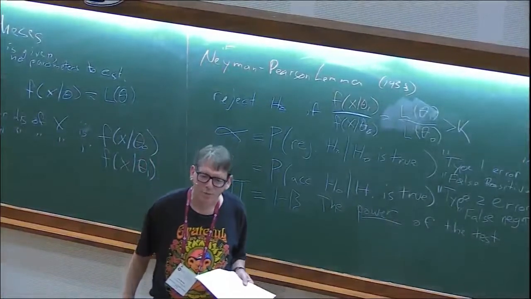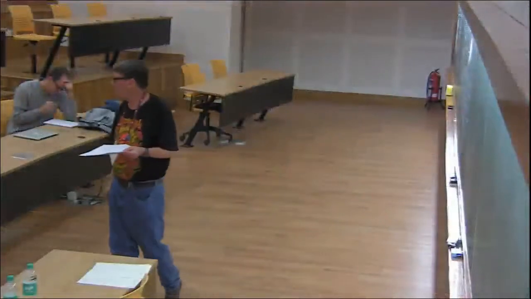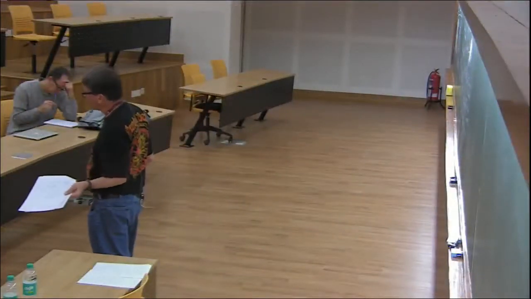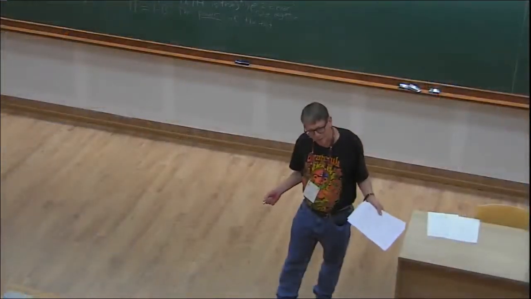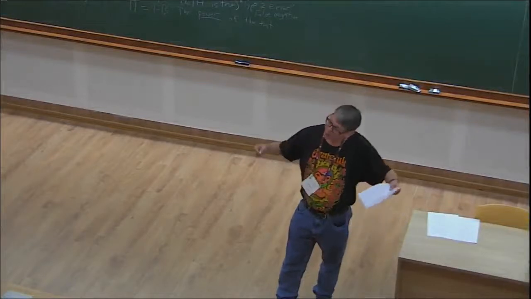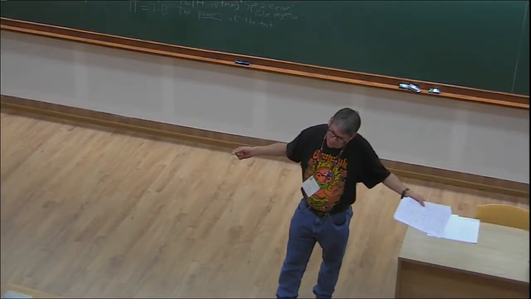Oh, I'll be saying more than enough about K. I mean, the thing is that to define K, you need to know some things about the distributions of the likelihoods. In order to know some things about the distributions of the likelihoods, you have to start writing down likelihoods and making computations with them.